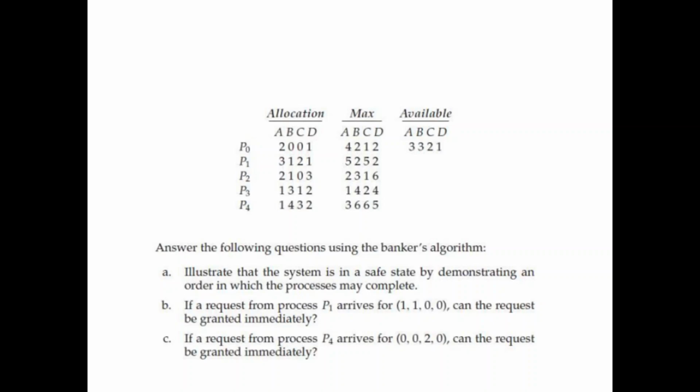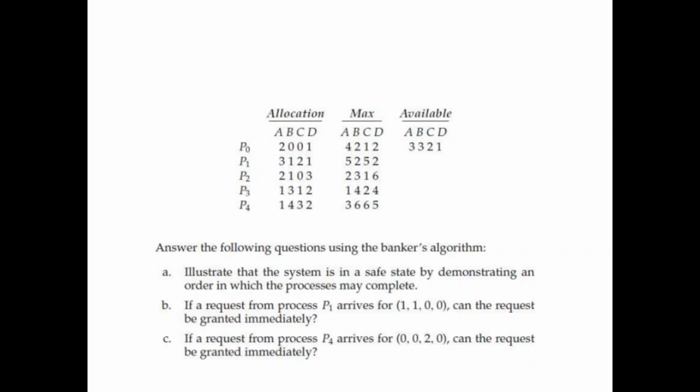It indicates the maximum demand of each process, and available is the current number of resources in hand. So after making these allocations, how many resources are available with the operating system? Those resources can be further utilized for new requests. So that is available, and given this set of data, we are supposed to solve these 3 problems.